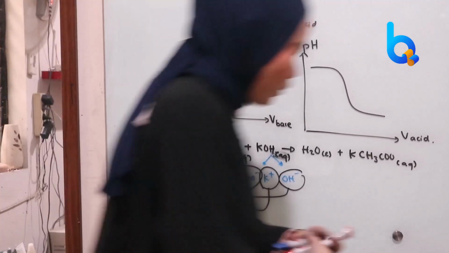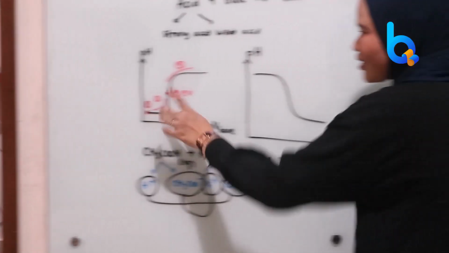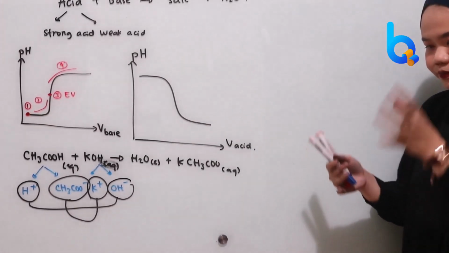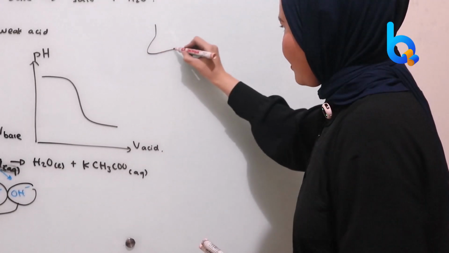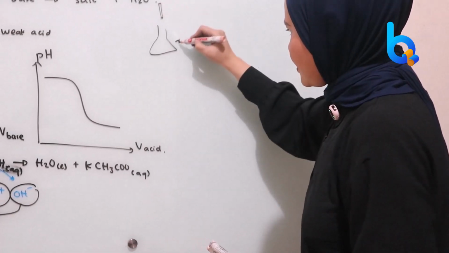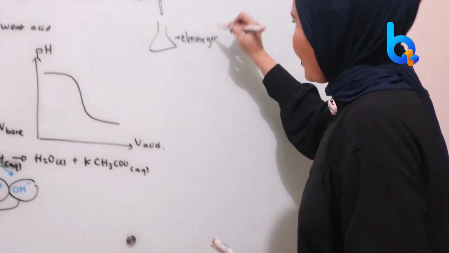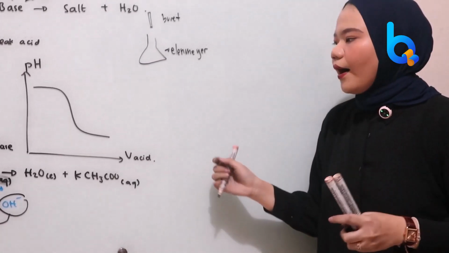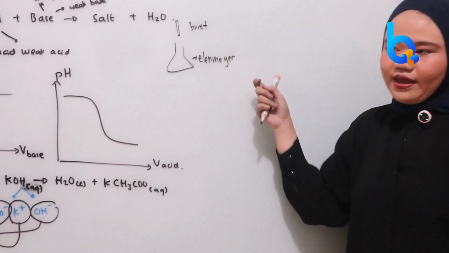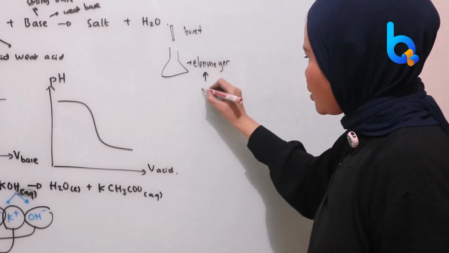We go with this to the curve and the 4 points of this titration curve. Okay, first of all, the titration has not started, like you just put the Erlenmeyer. So this is the Erlenmeyer, and you have the buret. This is the Erlenmeyer, and this is the buret. Before you put the base into the Erlenmeyer, in the Erlenmeyer there is just acid.